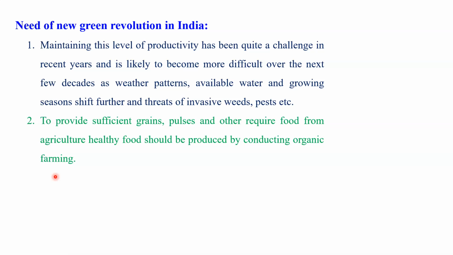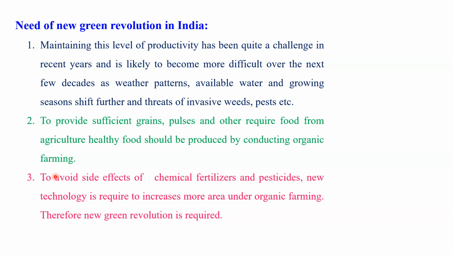When one survey was conducted in that period, there were a lot of observations saying that there was a bad and negative impact on human health. Therefore, if you want to avoid this, then we should give encouragement to organic farming, and by that farming we are able to avoid the use of chemical fertilizer and pesticide, and for that purpose, to give encouragement again to organic farming in India, we require the new green revolution.